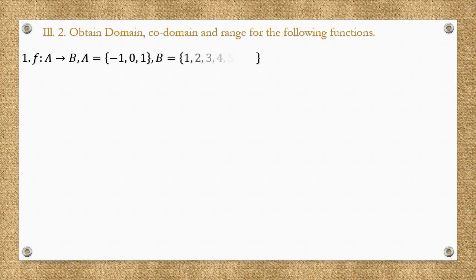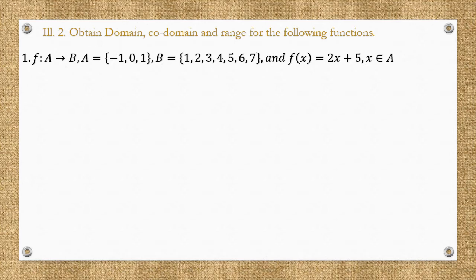Starting with illustration 2. Obtain domain, codomain and range for the following functions. And then there are sub questions there. Number 1, f is a function from A to B. Remember what I say, okay? f colon A arrow B is spoken as f is a function from A to B. A is -1, 0, 1, B is 1 2 3 4 5 6 7, and the equation here is 2x plus 5.